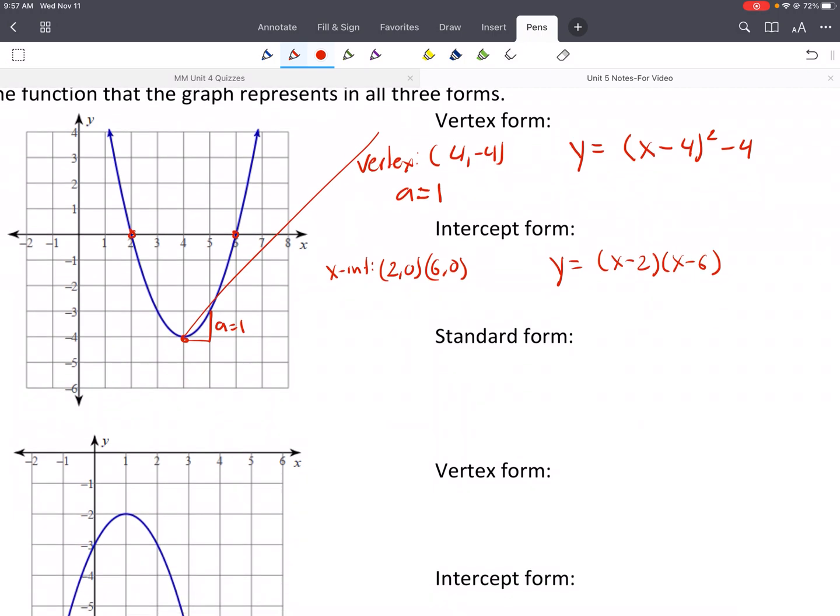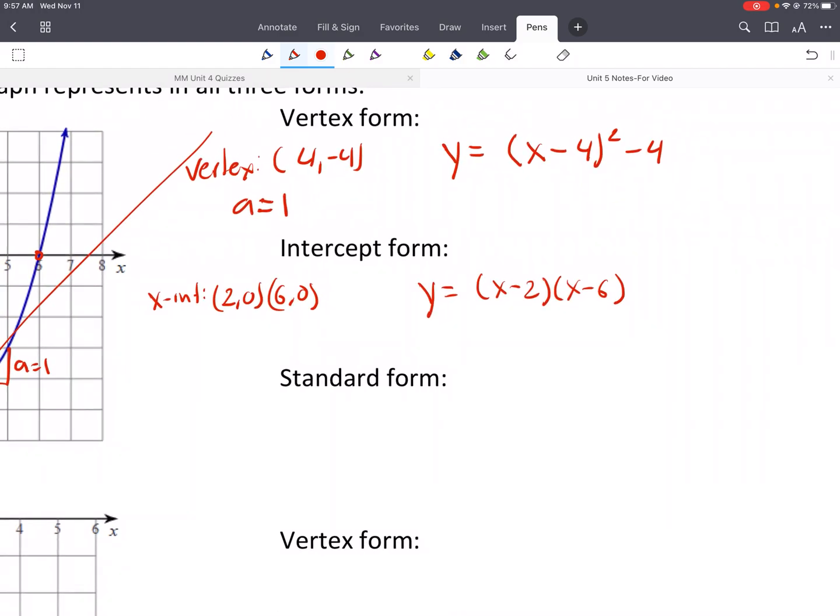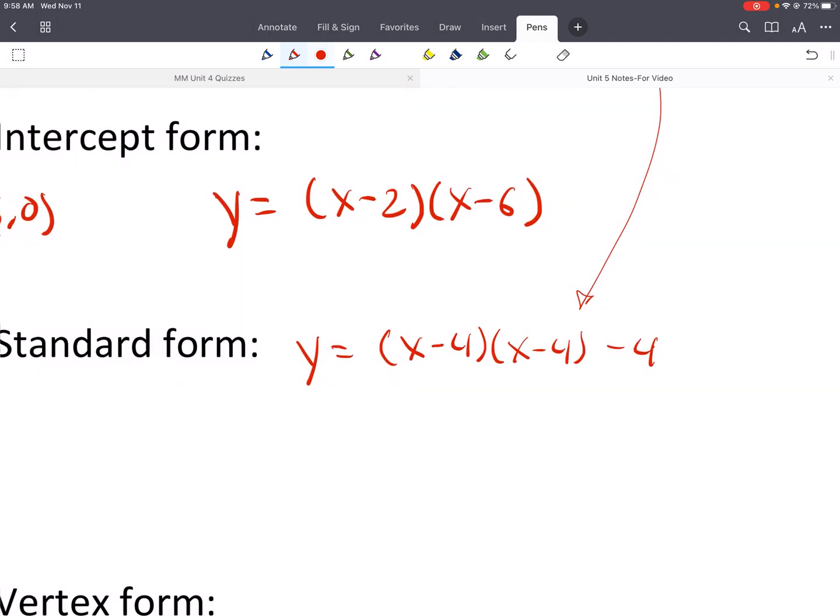And then standard form would want to distribute from one of the forms. So we'll try this time with vertex. So we'll start at y equals, again, if something is being squared, we need to write it twice. So x minus 4 times x minus 4 minus 4. And then we would distribute. Okay, we can't combine this with anything yet until we distribute.